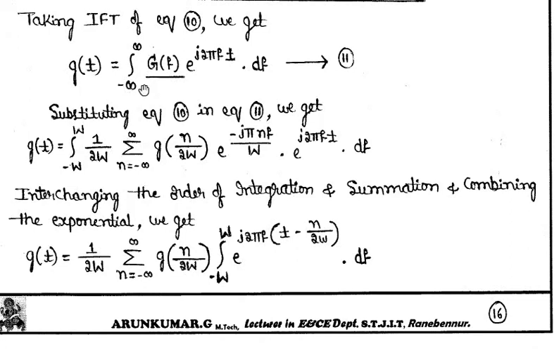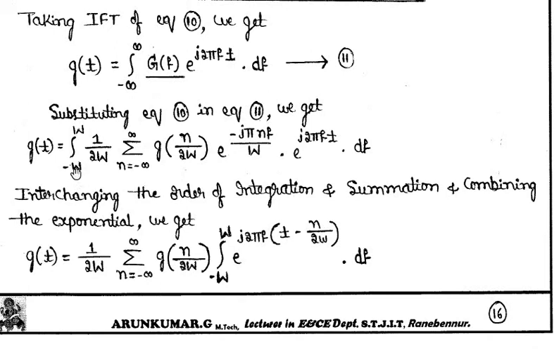That's why we need to change the limits from minus infinity to plus infinity. If you take minus infinity to plus infinity, it means you are allowing the entire signal to pass through the low pass filter, which is not possible. That's why you have to get only the message signal, and the only message signal here is the g of t, which has the highest message signal frequency W hertz. That's why the limits will also change from minus W hertz to plus W hertz.